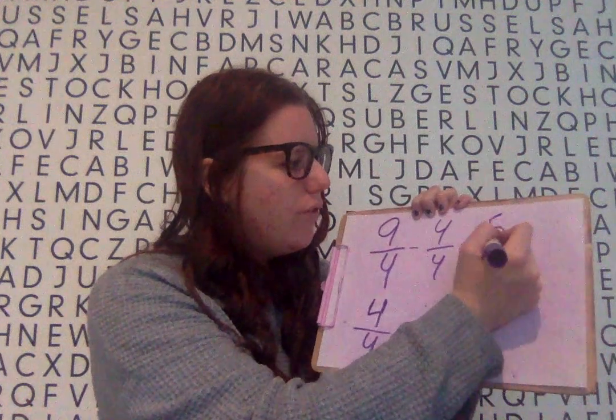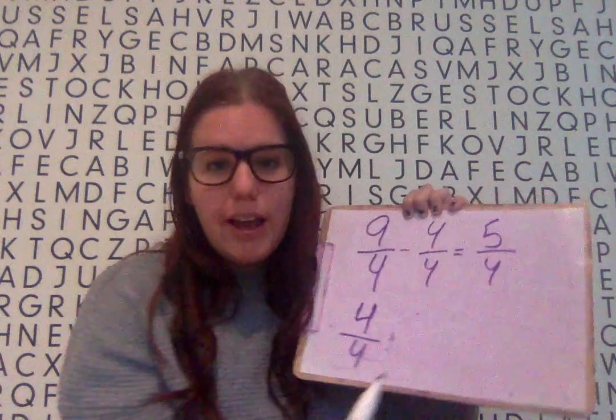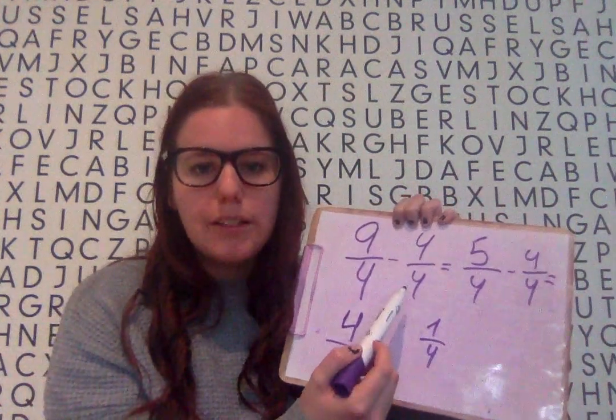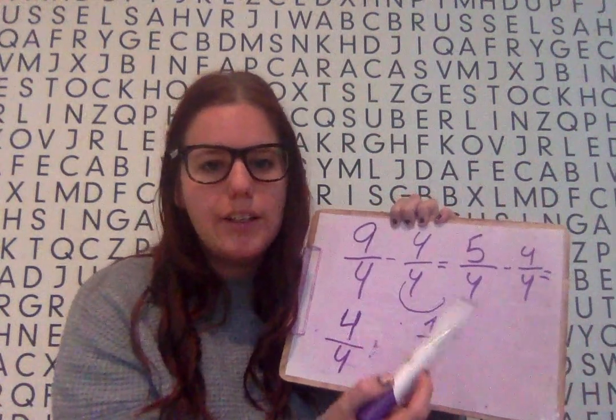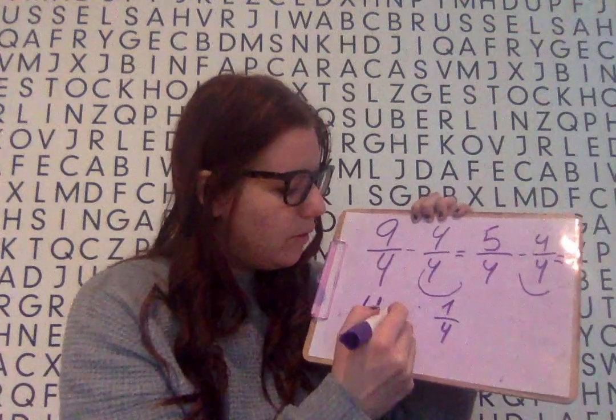So let's do 9/4 minus 4/4 equals 5/4. And now I can do minus 4/4 again, and I'm left with 1/4. Now I can count how many times I subtracted 4/4. I did it 2 times, so I know I have 2 and 1/4.